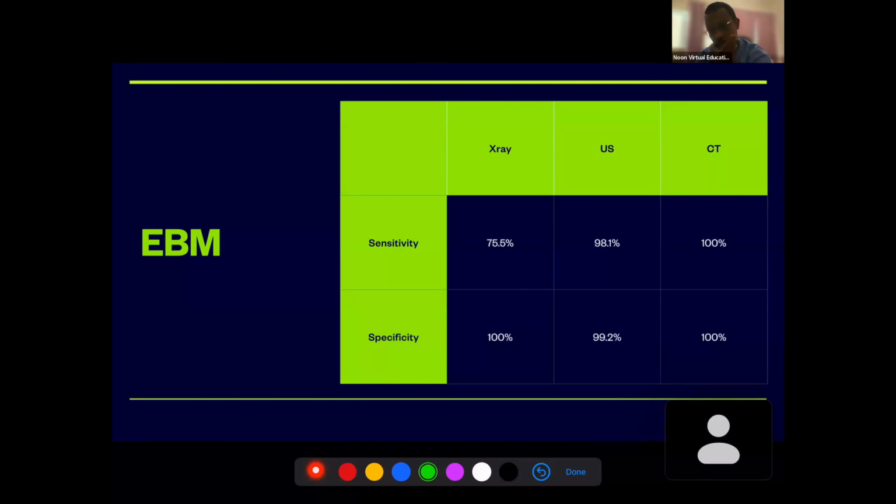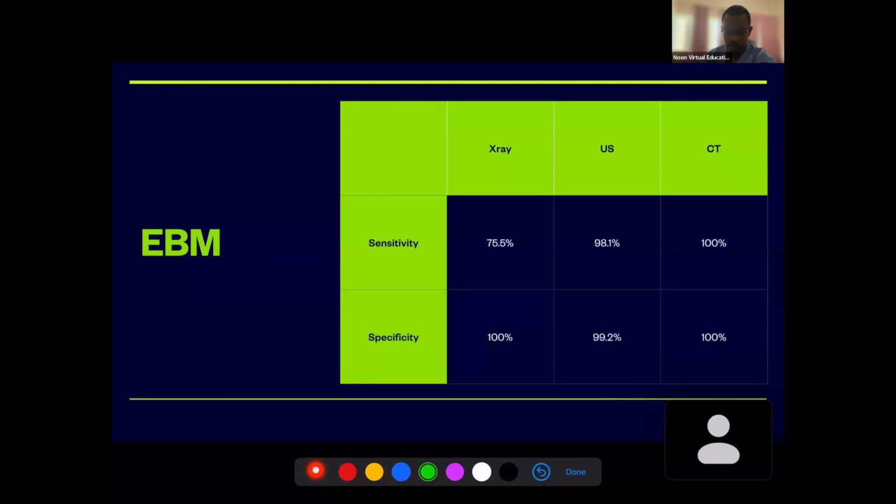There are a lot of confounders here, but it has high specificity. As you see here, CT is more specific and more sensitive than ultrasound and X-ray, but not always available. So you can use ultrasound, with 98% sensitivity and 99%, almost 100% specificity.